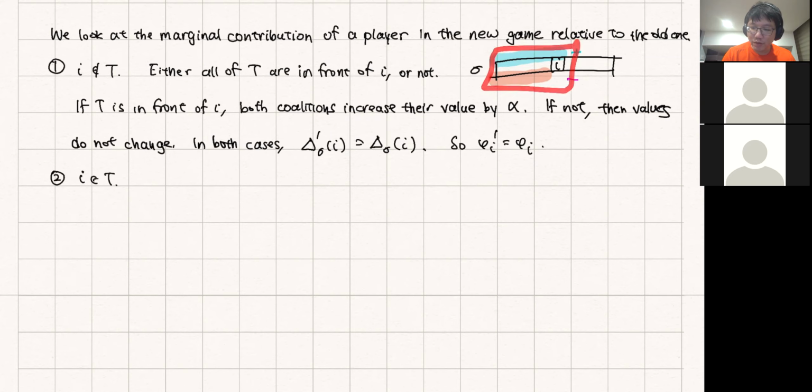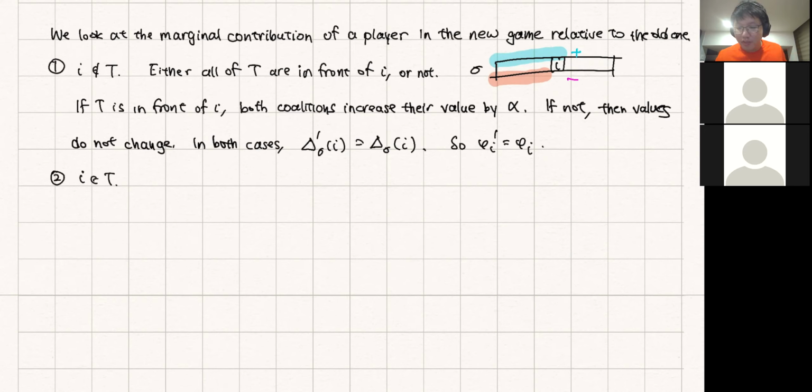So we're looking for the value of this coalition, including I, minus the value of this coalition, not including I. Now, in a lot of the cases, the marginal contribution would be the same. If you have some parts of T here, some parts of T there, or all of the remaining T's are in there, then nothing changes.